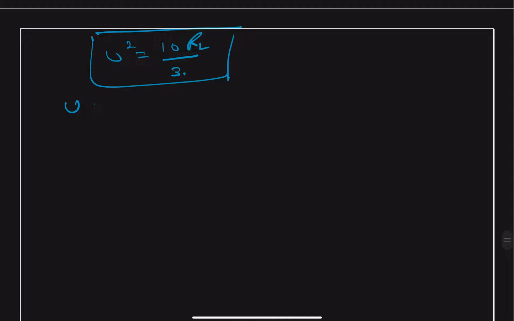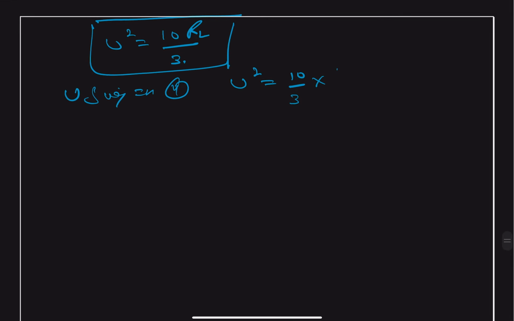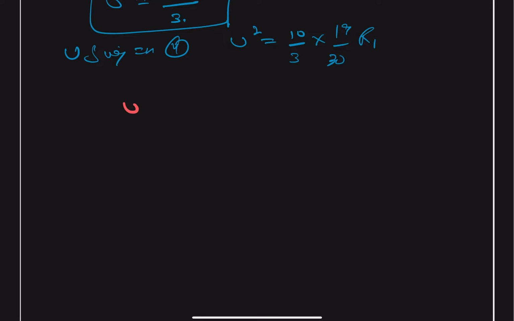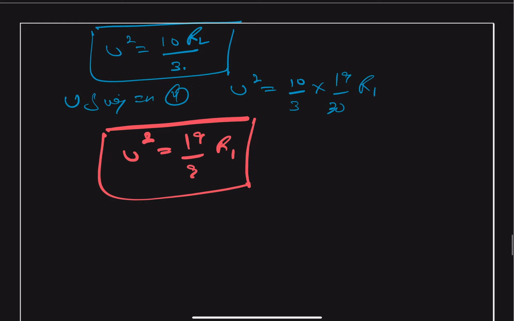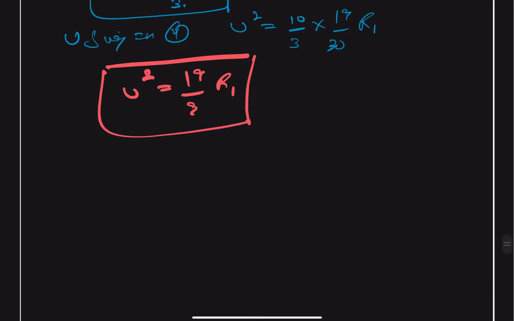So using equation 4, we can write that V square is equal to 10 by 3 times 19 by 30 times R1, which gives us that V square is equal to 19 by 9 times R1. Let us call this equation number 5.